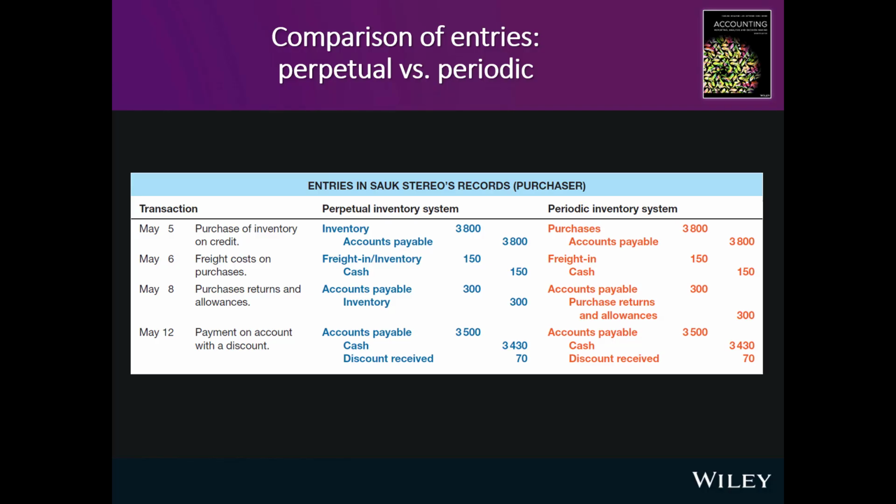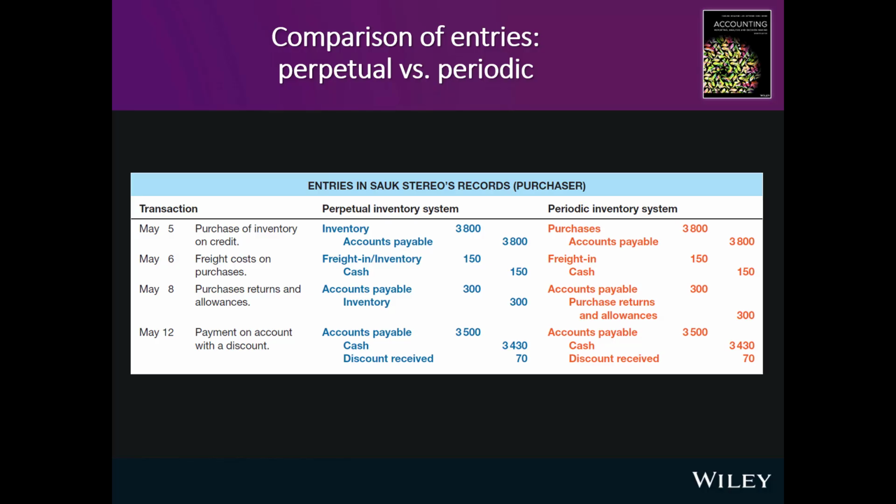Purchase returns and allowances: debit accounts payable and credit inventory for the perpetual system, but for periodic, debit accounts payable and then credit purchase returns and allowances. And then payment on account without discount, so debit accounts payable. And you can see here, discount received, same.